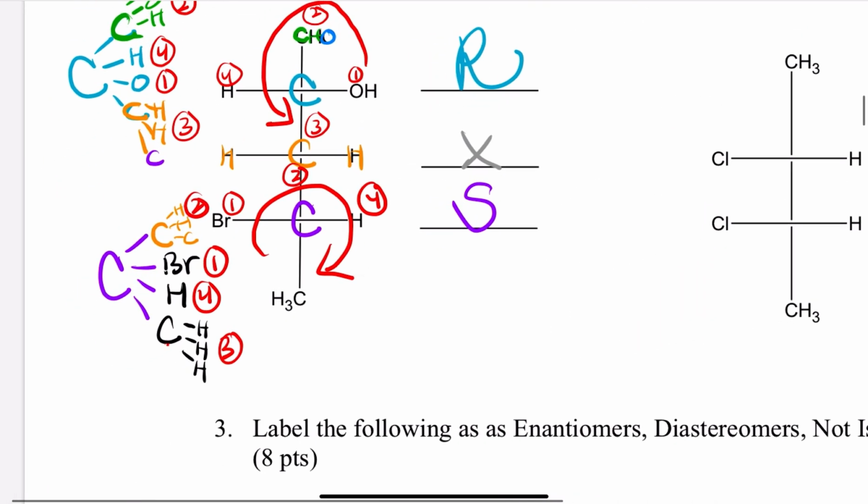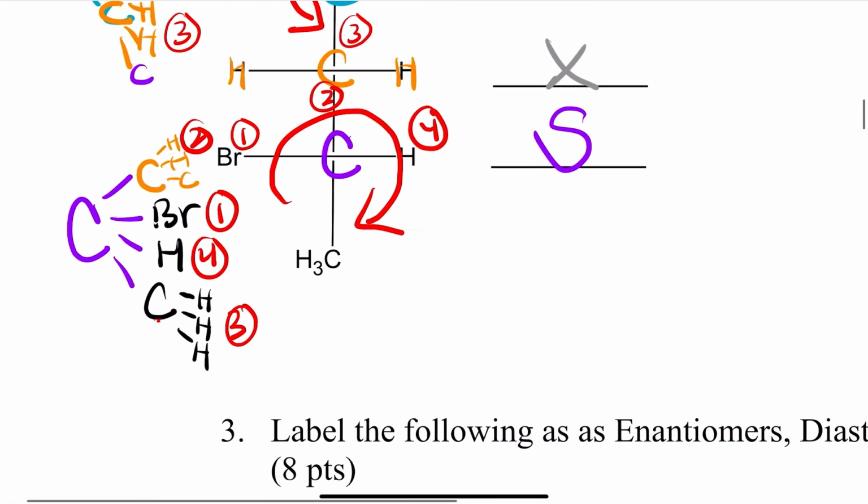And a little trick that I learned from a video I watched was that if you have CH3, because that's what it normally is, that methyl group, with the hydrogen getting the number 4 always, this one always gets number 3, apparently.